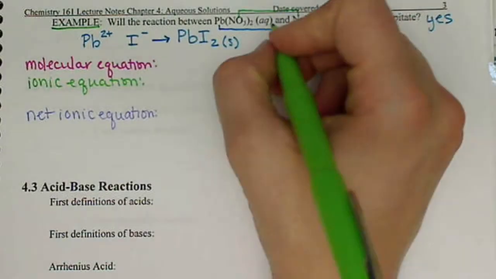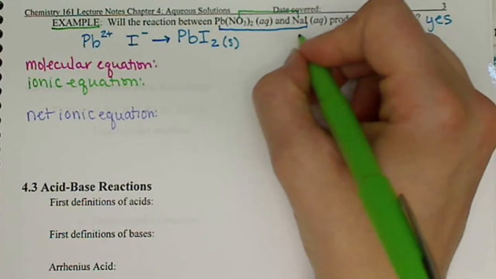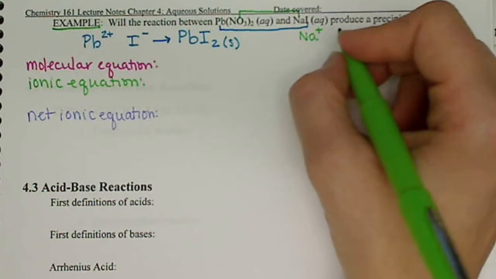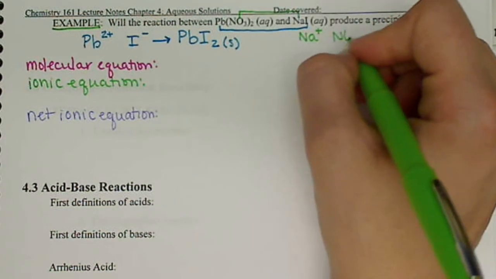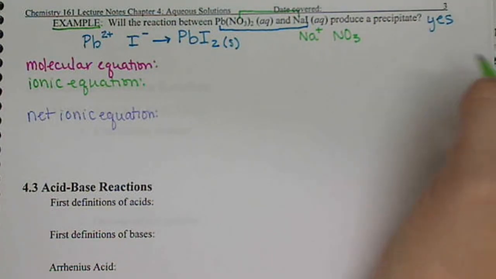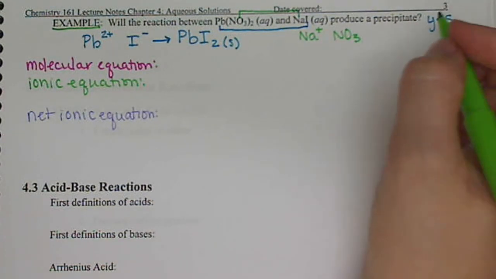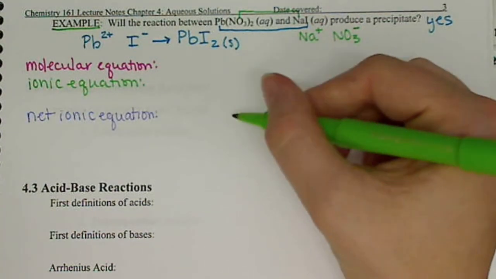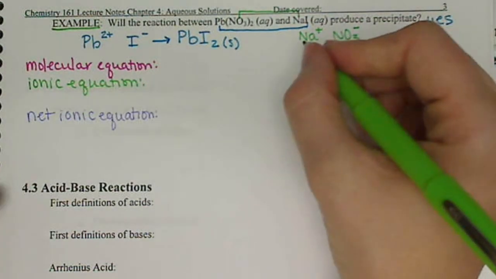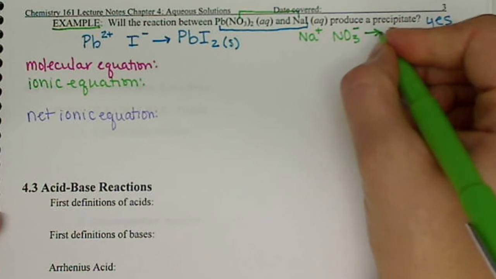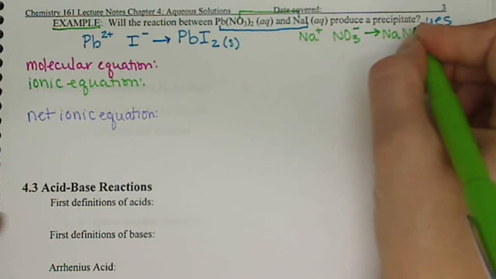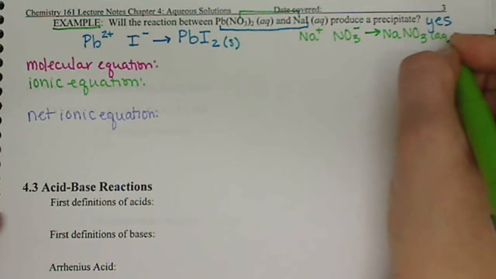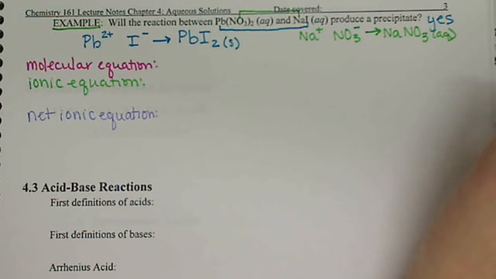So our second component, we have sodium ion, and then we have our nitrate ion. Again, remember, I'm ignoring how many of these we have. We'll figure that out once we get down here when we want to balance it. So sodium and nitrate together, they're going to have NaNO3, and these are aqueous. Anything with sodium ion is aqueous. Anything with nitrate ion is aqueous.